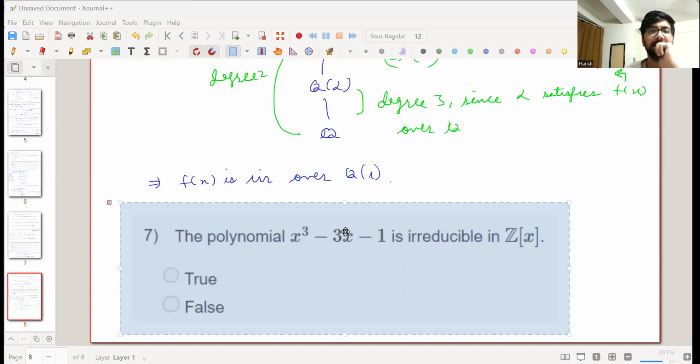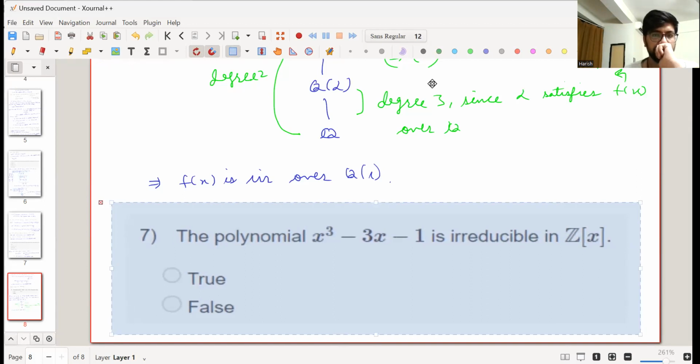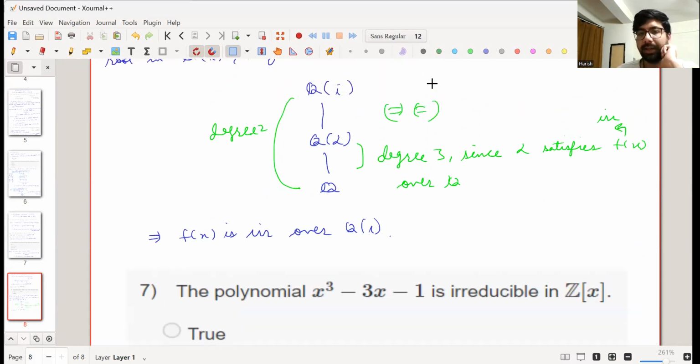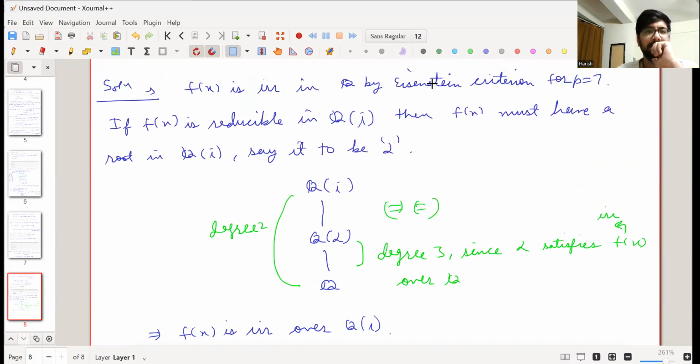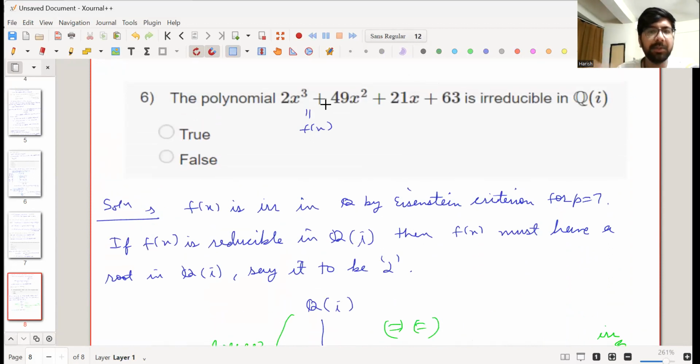See, roots in a field, in general, it is not the same. But for a degree 3 polynomial which is irreducible in Q, you can use the same trick.